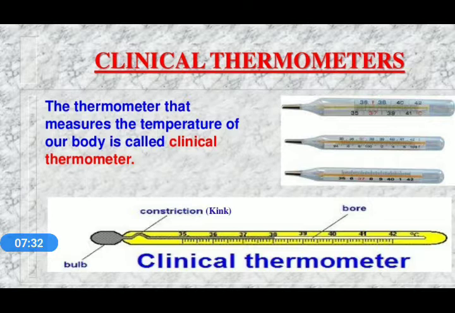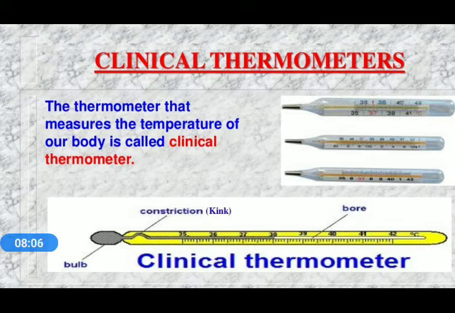What is a clinical thermometer? The thermometer that measures the temperature of our body is called a clinical thermometer. It means that a clinical thermometer is mostly used to take the temperature of the human body. It is not used to take the temperature of other objects or other bodies.